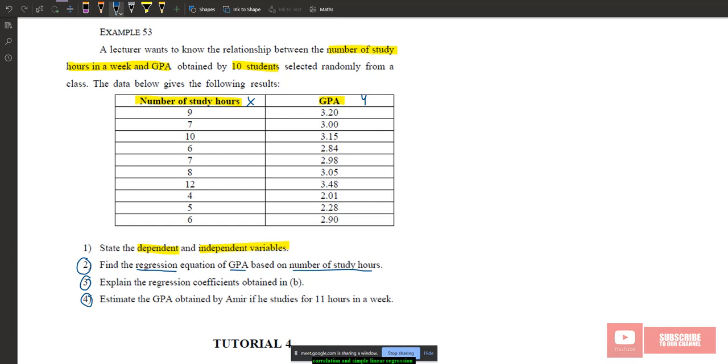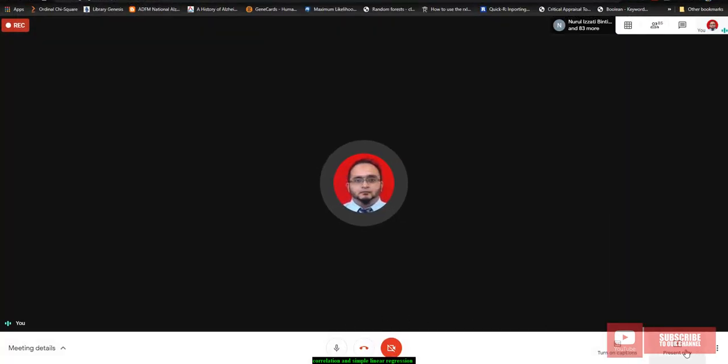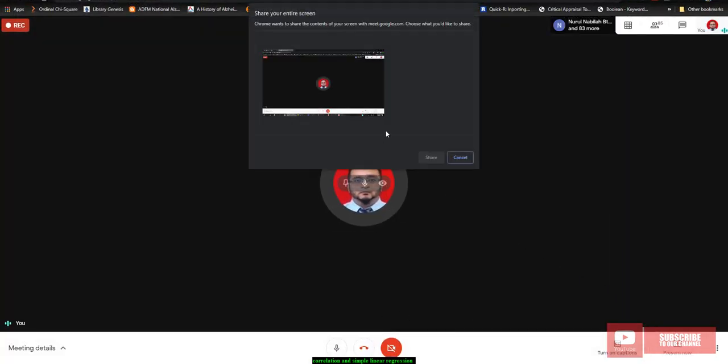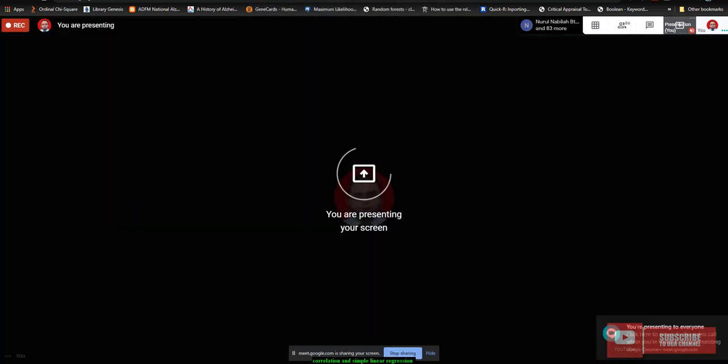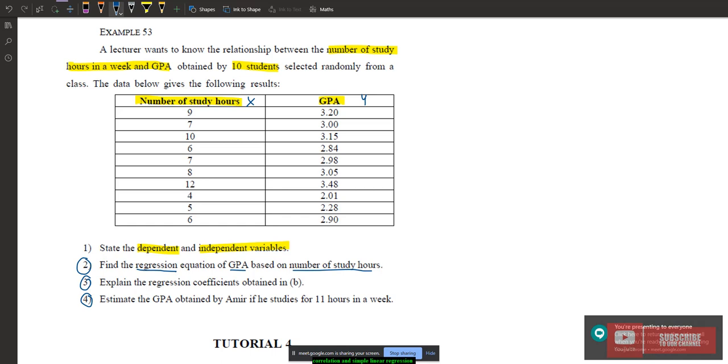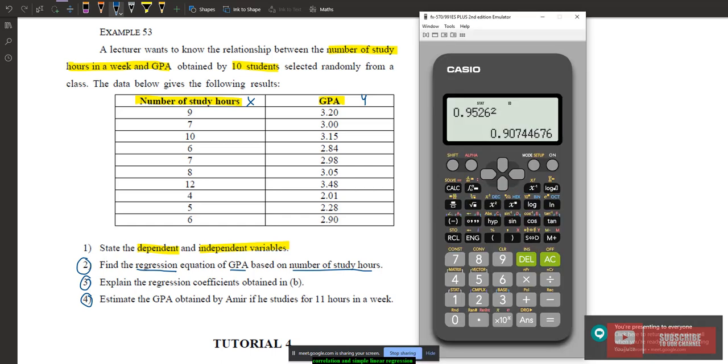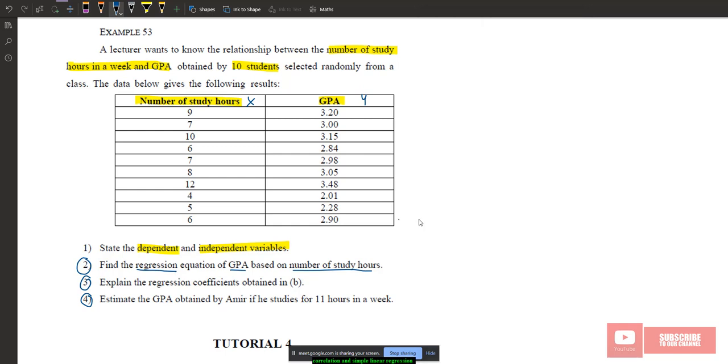Let me share the whole screen. Can you see it? So now, we want to find the regression equation. The regression equation is y equal to a plus bx.